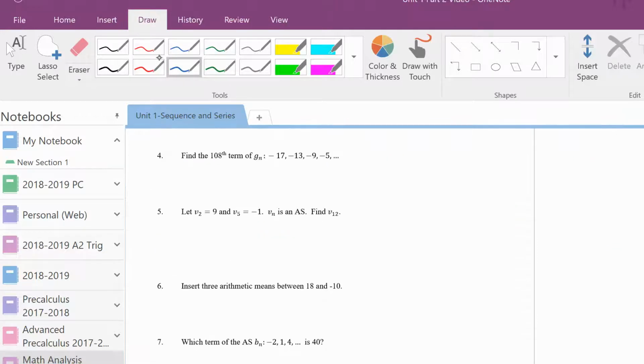Finding the 108th term of the sequence, first we need to come up with an explicit definition. So g sub n is equal to the first term plus n minus 1 times the difference, which is 4. So it's going to equal negative 17 plus 4n minus 4, which is going to equal 4n minus 21.